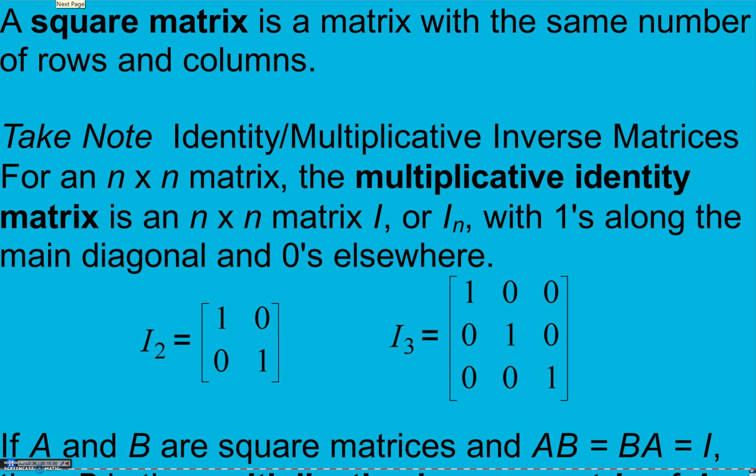A square matrix is a matrix with the same number of rows and columns. So a 2 by 2, a 3 by 3, 6 by 6. Okay. Take note on page 782.